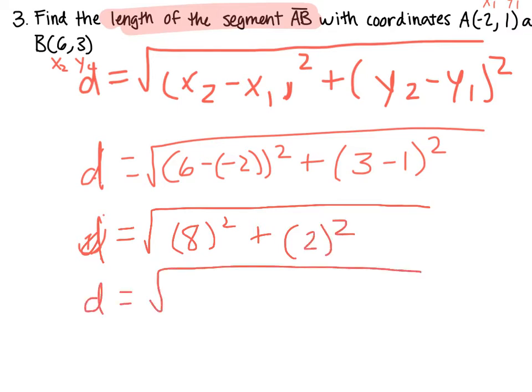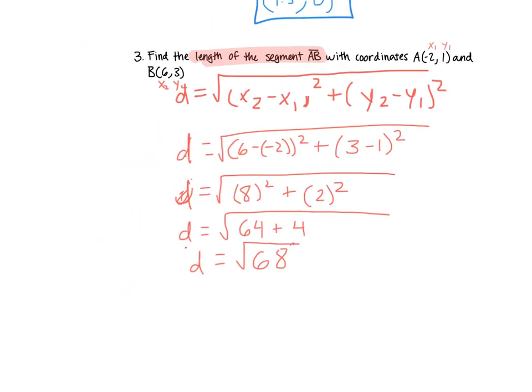So what's 8 squared? And what's 2 squared? So the distance is equal to the square root of 68. And you can just leave your answer like this. So when it's asking for the length, you're just going to give me one number, that's the length. If it's asking for the midpoint, you're going to give me a coordinate point, so 2 numbers in the parentheses.